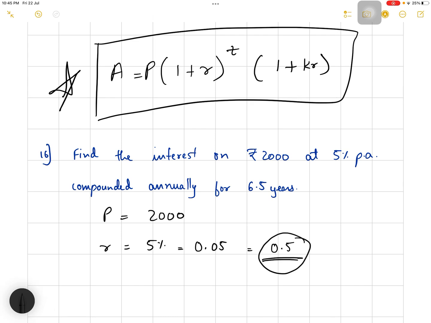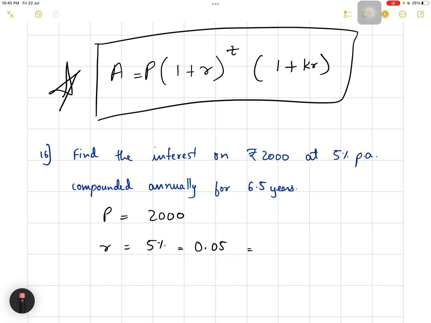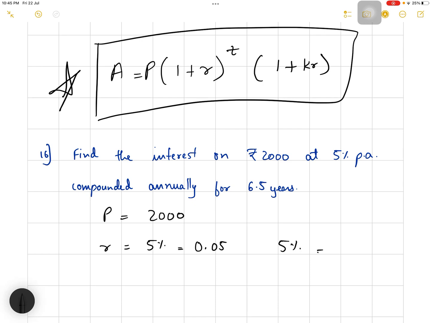So 0.5 becomes 50%, not 5%. 5% is 0.05. Or if you think you are getting confused, 5% means 5 by 100. Just take your calculator, do 5 divided by 100. You will get 0.05.